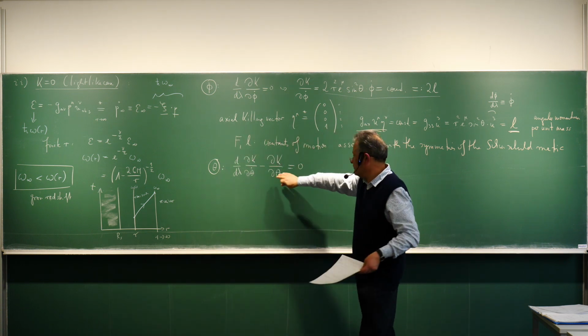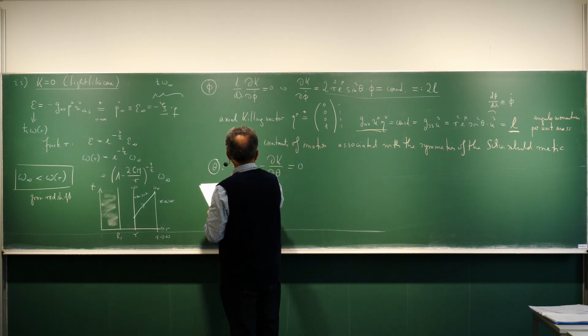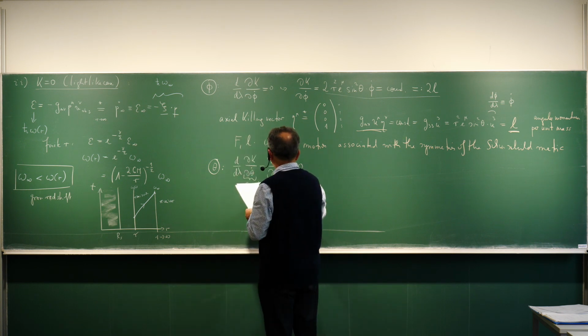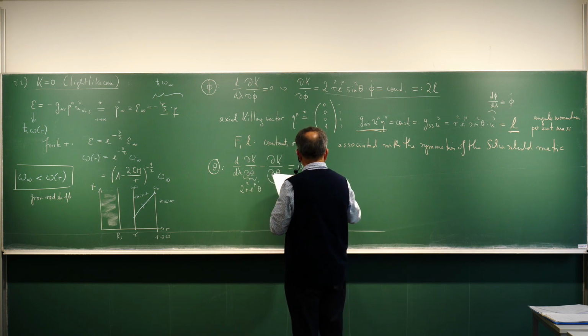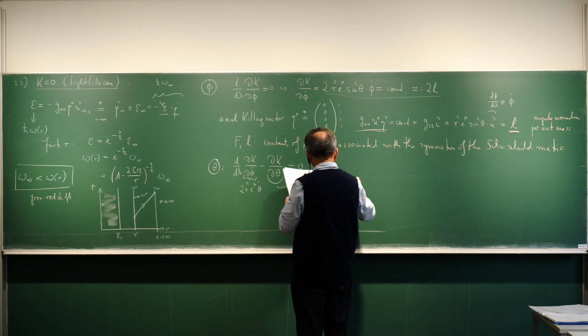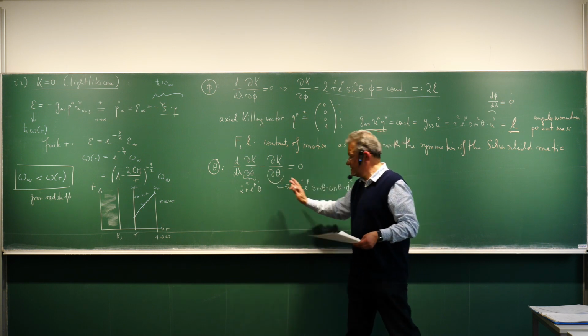And now we have a non-vanishing value here. This is easy to calculate given the explicit form of K. So this is here 2r squared e to the mu theta dot. And this here is 2r squared e to the mu sine theta times cosine theta times phi dot squared. Yeah, and you can differentiate this and so on.